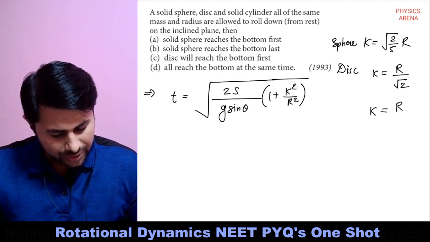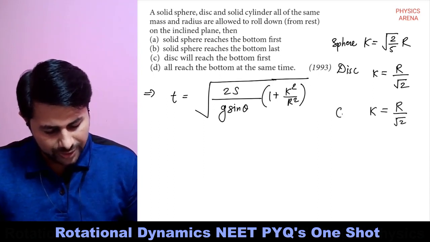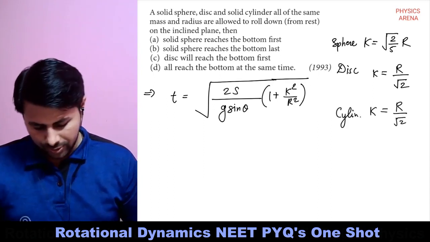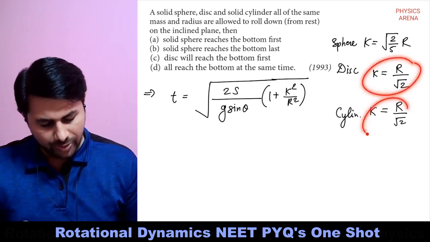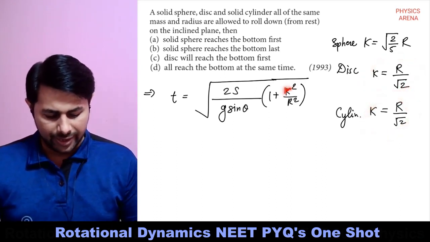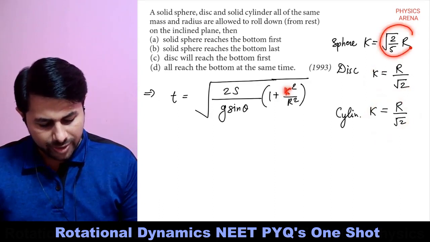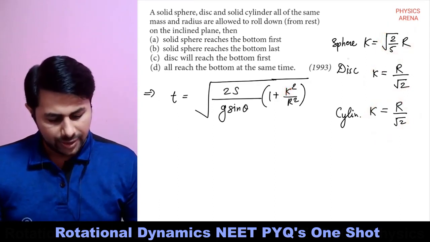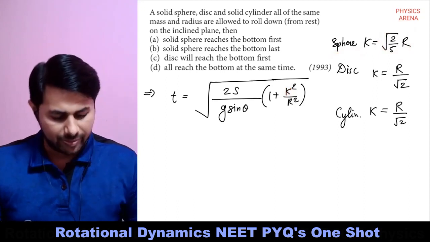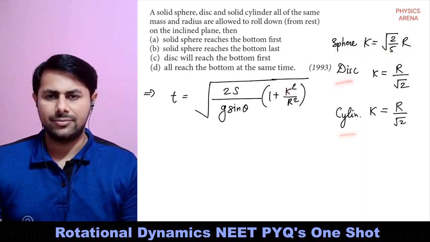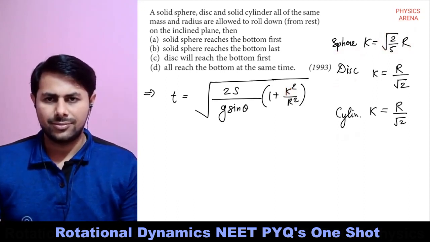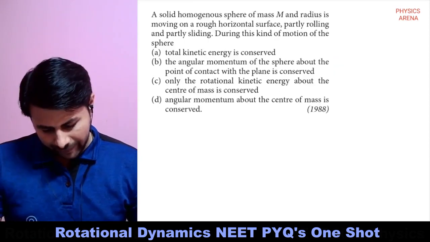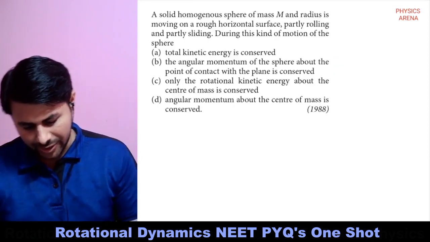So radius of gyration is r upon root 2 for cylinder also. So for the disk and for cylinder, k is same, and for sphere it is less. That means the sphere will take lesser time compared to the disk and cylinder, right? Okay, so let's see this next question.